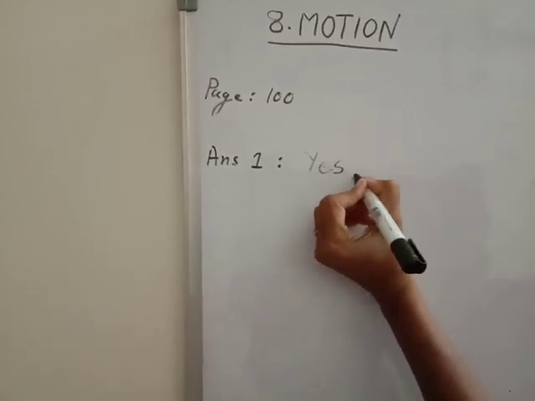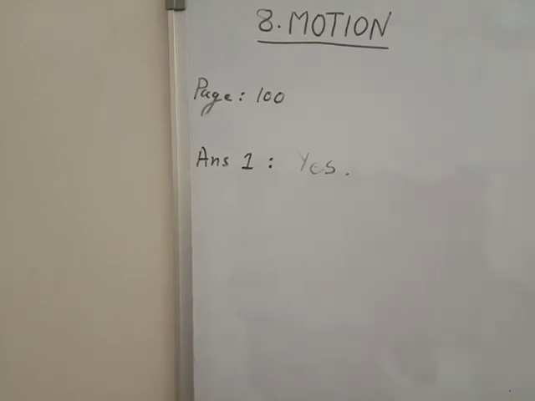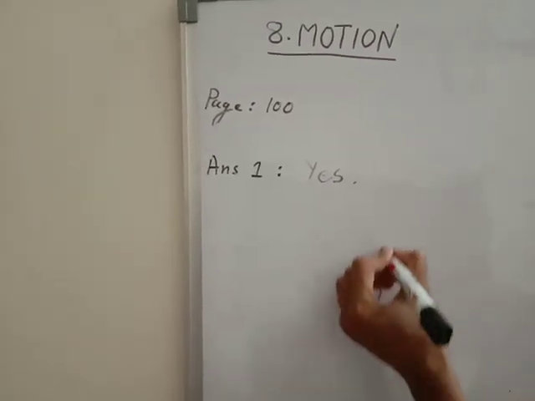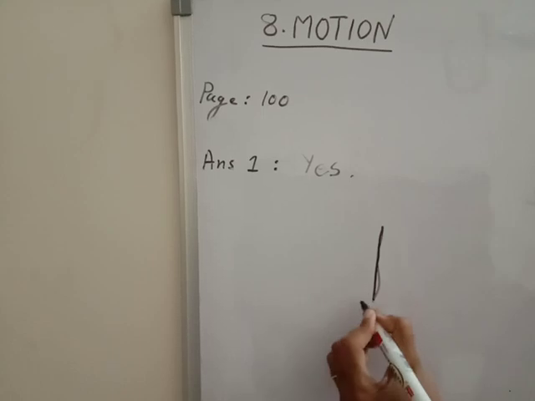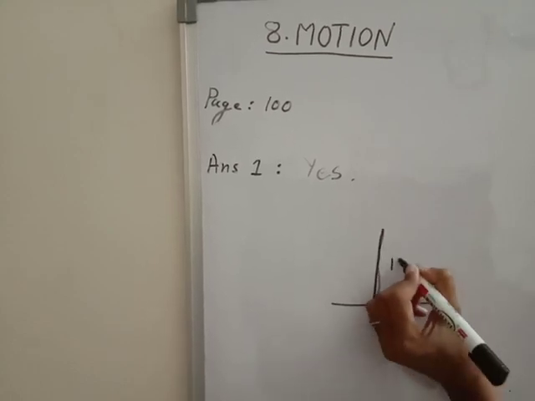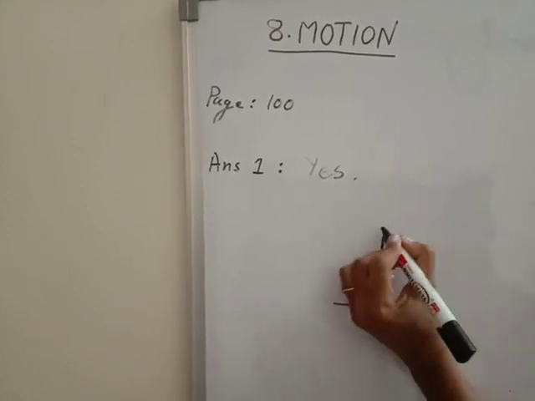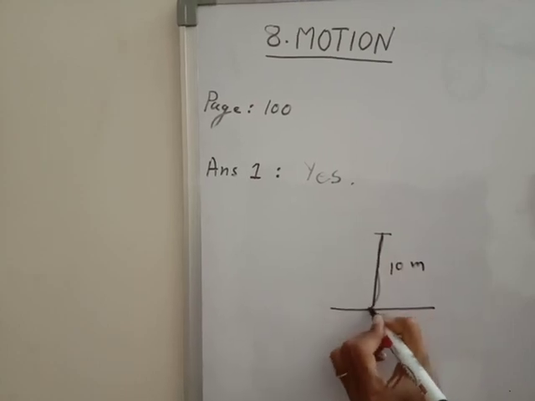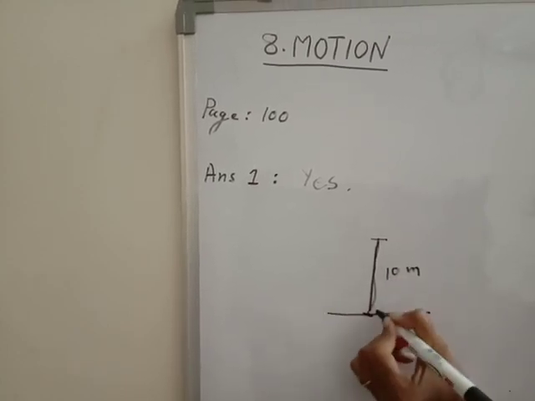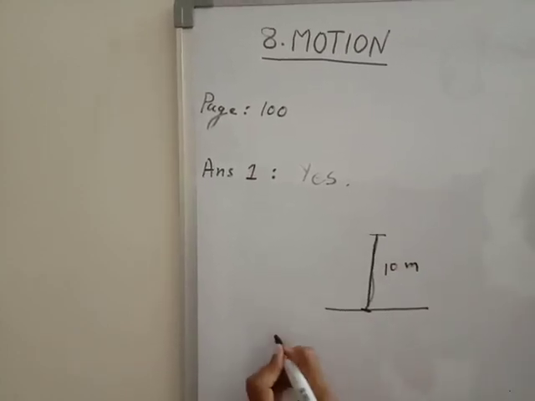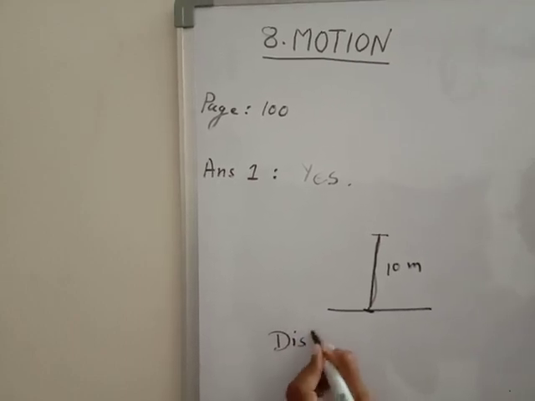0 displacement is possible. Suppose, for example, you throw a stone. Suppose this is the ground and it goes up 10 meter, and then comes back to the ground. So the total distance covered is 10 plus 10, 20. So distance is 20.